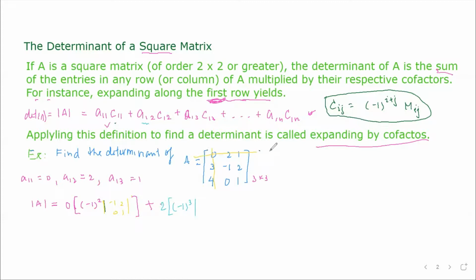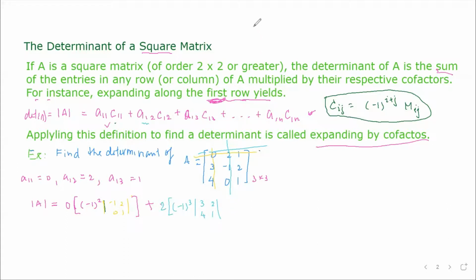First row, second column, so you have 2, that's why I write 2 here. Now first row, second column, we leave out this one, so 3, 2, 4, 1 for the minor M. And then go next.